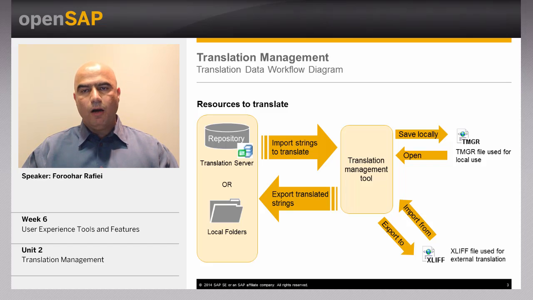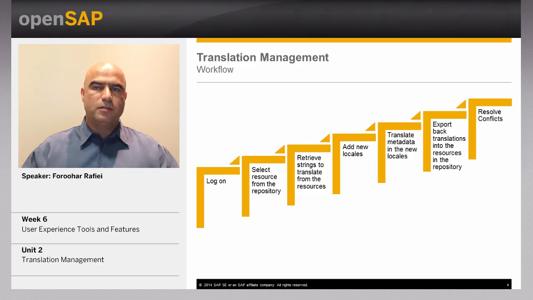Then you have the option of either translating them directly inside the translation management tool or exporting them to a TMGR file or XLIF to translate them externally. I'll explain the TMGR and XLIF a bit later in this course. Once the translation is completed, you will export the translated strings back to either the repository or the local folders.